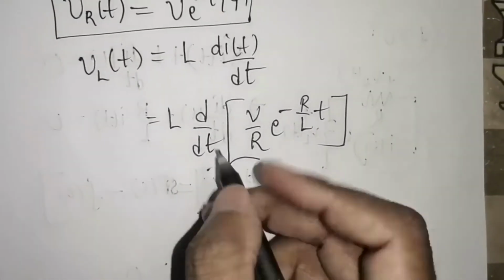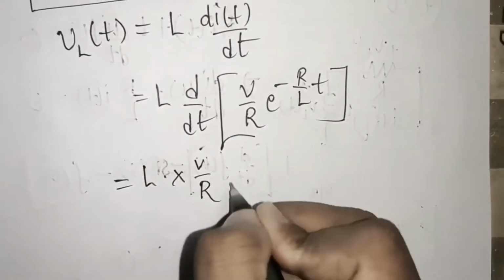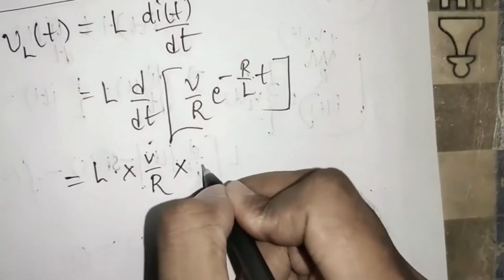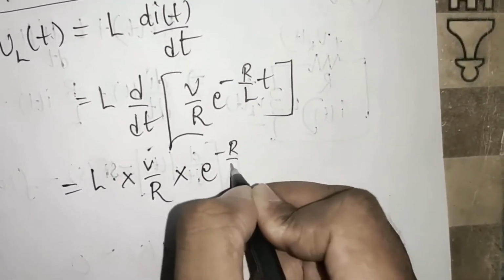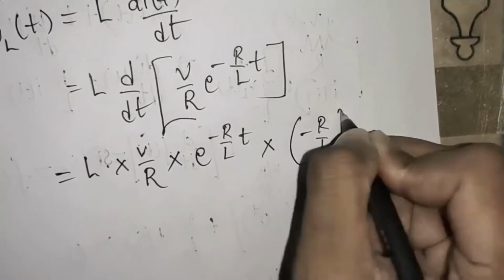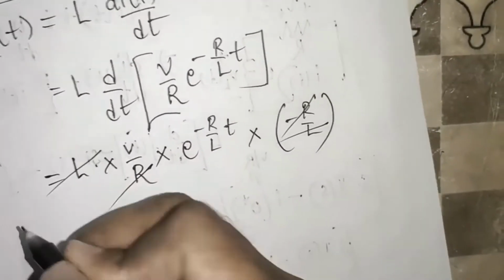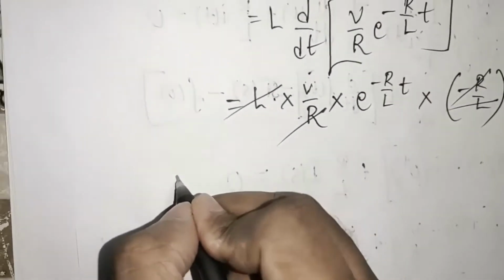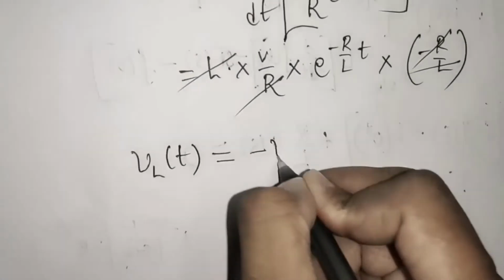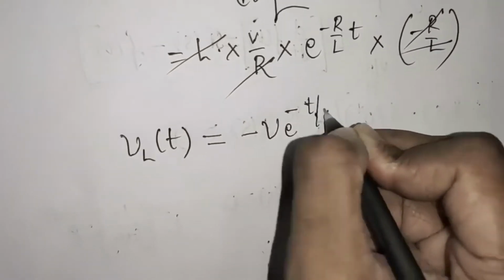So V by R is a constant, so L into V by R. The derivative of this expression will give you e power minus R by L into t into minus R by L. So R will get cancelled, L will get cancelled. So the expression for voltage across inductor will be nothing but minus V into e power minus t by tau.